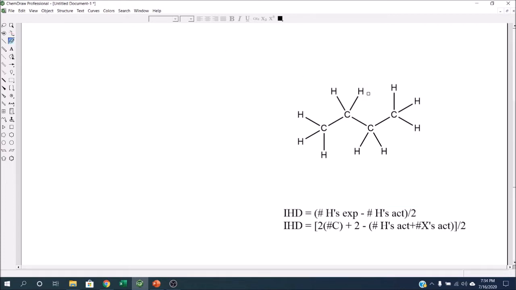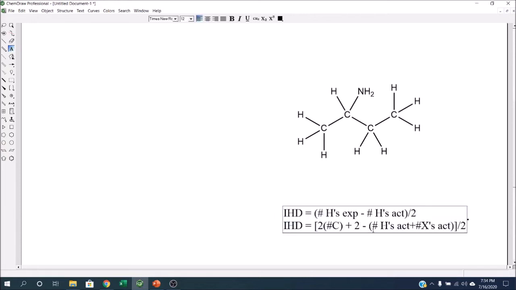The last example we want to think about is nitrogen. If I take a hydrogen off and replace it with a nitrogen, notice how that nitrogen brings an additional hydrogen with it. So nitrogens actually affect the number of hydrogens expected.